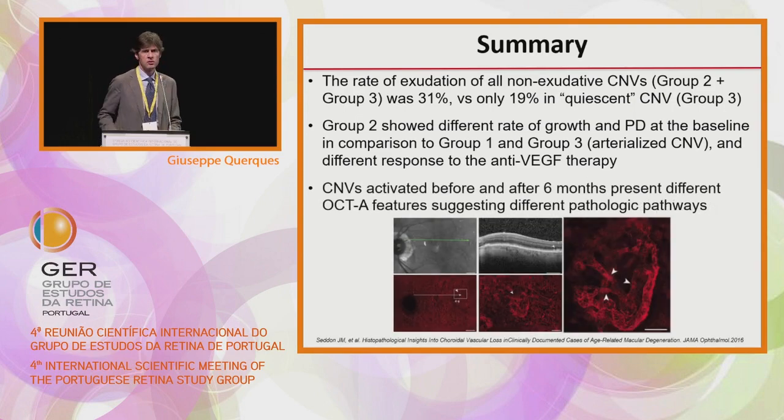It was also demonstrated by histology that we do have early neovascularization already inside the choriocapillaris without breaking Bruch's membrane, and that are there because they are stimulated by hypoxia and are trying to supply for this hypoxia.